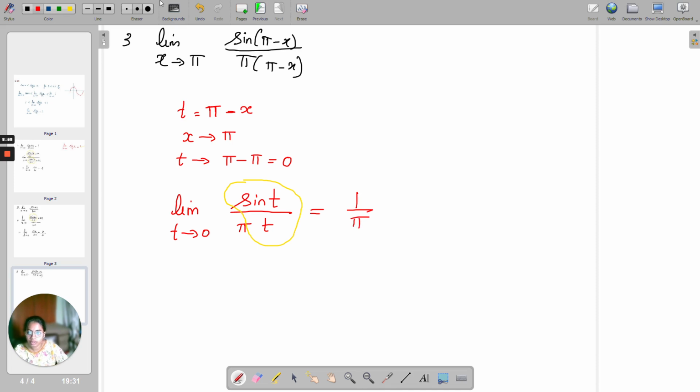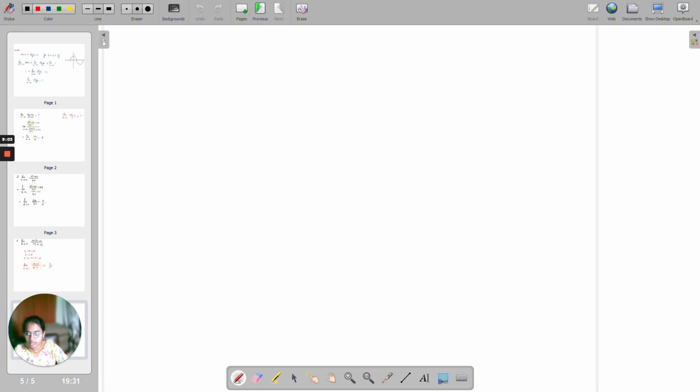So now the next question, that is the fourth one. We have limit x tending to 0 of sine ax plus bx divided by ax plus sine bx.